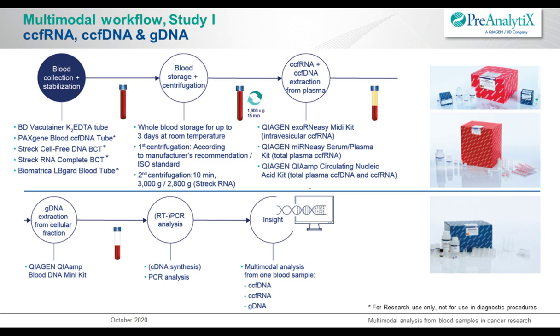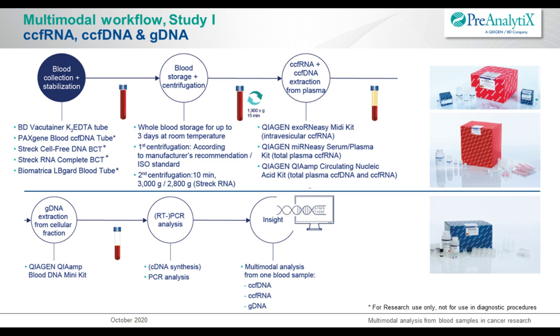And then we centrifuged these tubes according to the ISO standard I mentioned before, or the instructions of the tube provider. Then we isolated the plasma, and from this plasma we prepped the ccfRNA with three different kits.